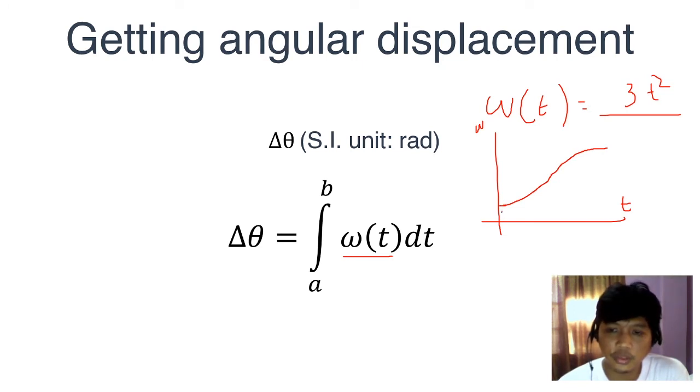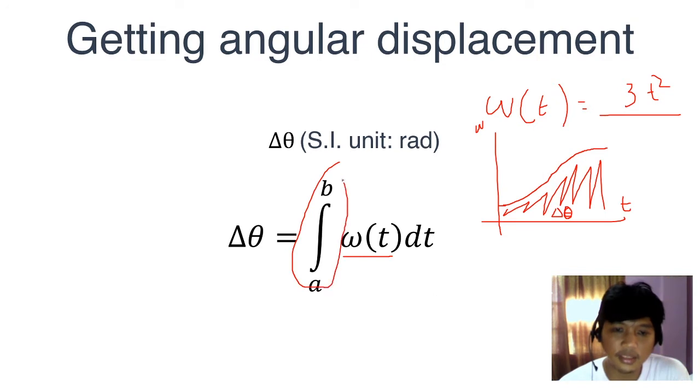Now, I'm sure you remember that the area under the curve of an omega time graph is the angular displacement. But in this particular case, we need to do the integral because the curve is not a trivial shape, one whose area has an easy formula.